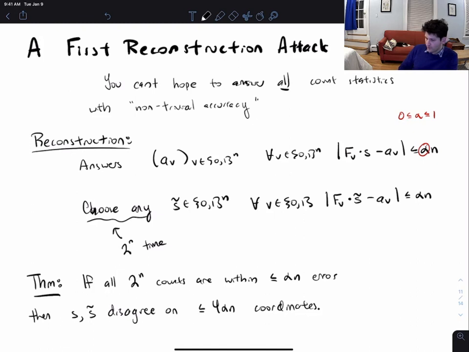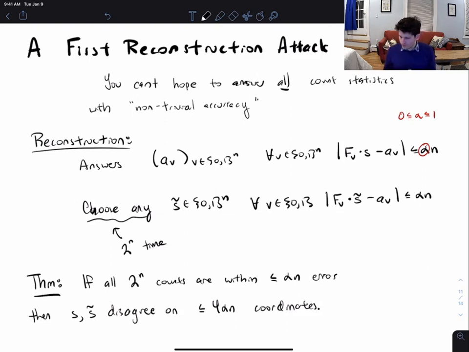So first of all, if alpha n is 0, so if I have no error, then this says that S and S tilde do not disagree at all. I recover all the secrets accurately. Okay, so if the error is nothing, then I get exactly the secret bits back. So maybe that's not surprising that if I get exact answers, I should be able to recover all the secret bits. We already talked earlier about examples where if I can come up with counts that are accurate exactly, I can just read off the secret bits.